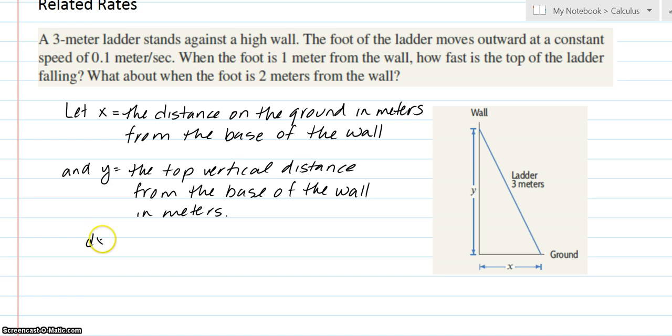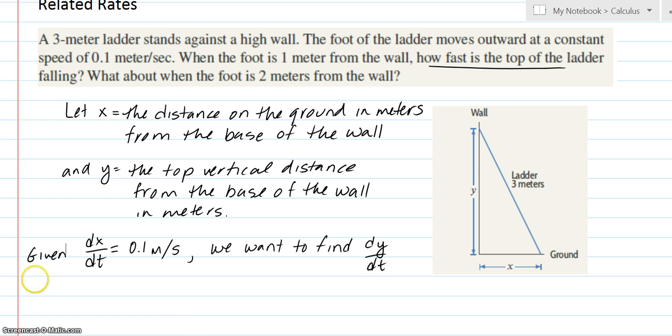We can write that down: dx/dt is positive 0.1 meters per second, since it's moving outward. And we're looking for how fast the top of the ladder is falling. So given dx/dt, we want to find dy/dt.